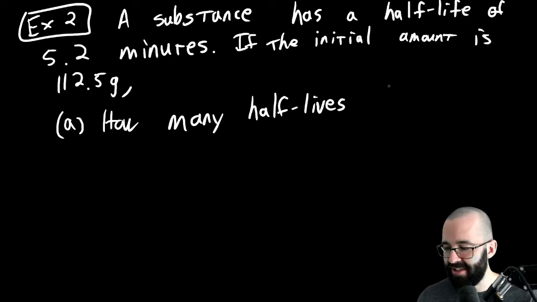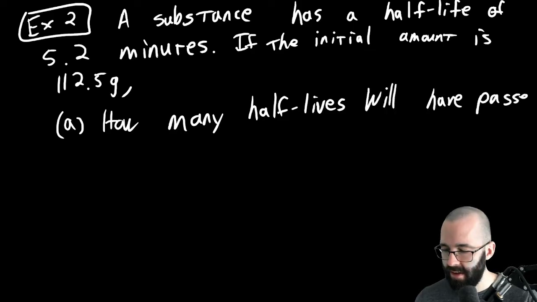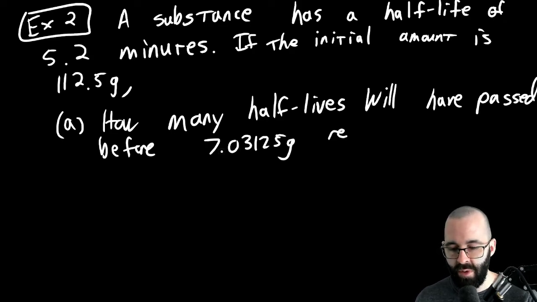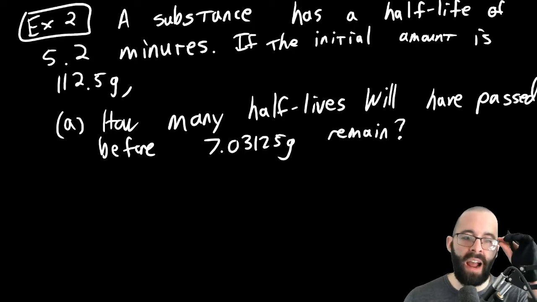How many half-lives have passed or will have passed before 7.03125 grams remain? So this just wants you to be able to make a conceptual connection with what a half-life is.